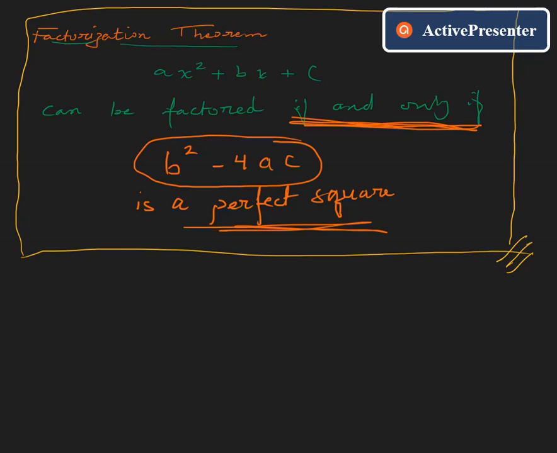If b squared minus 4ac is not a perfect square, then the trinomial cannot be factored.